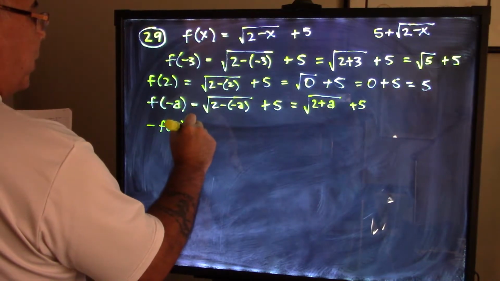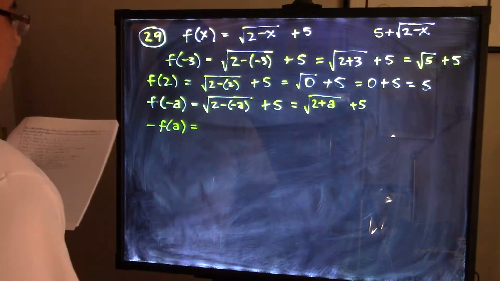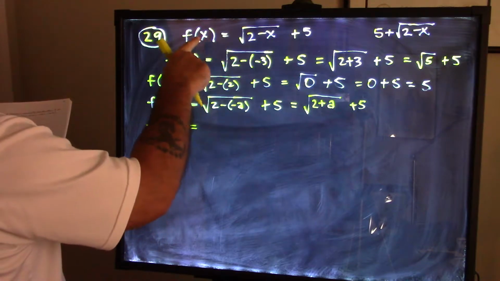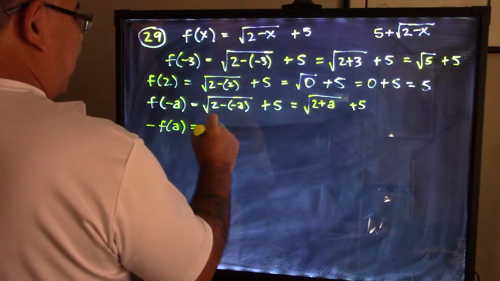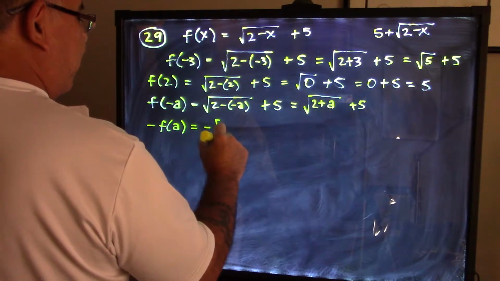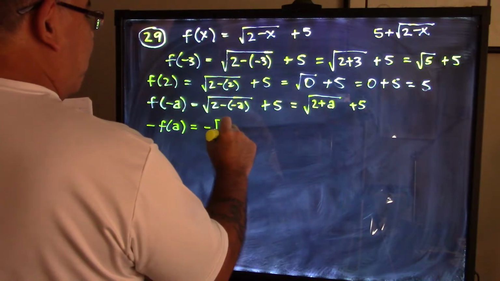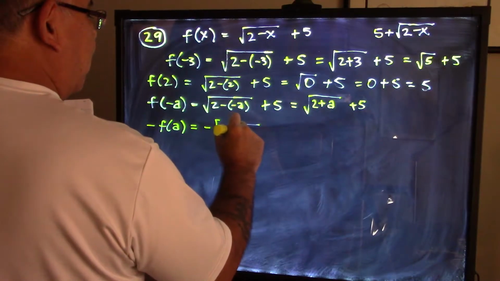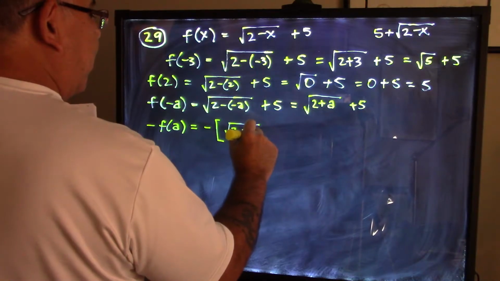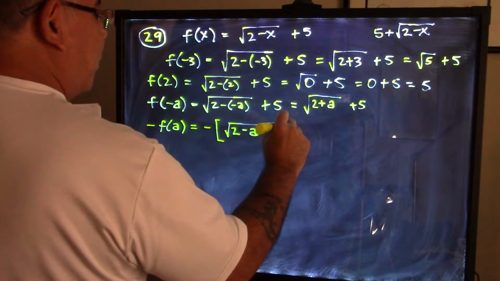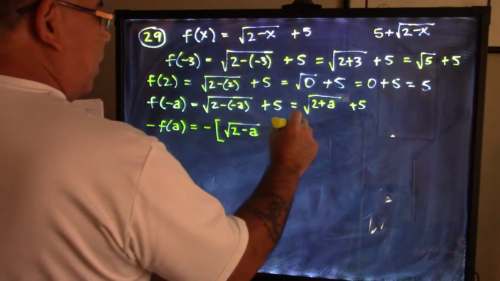So on this one, just like the one we did before, you put a minus in front of f of a. So that's minus, I'll put this in brackets here. What's f of a? Square root of 2 minus a plus 5. Don't really need parentheses in this one.